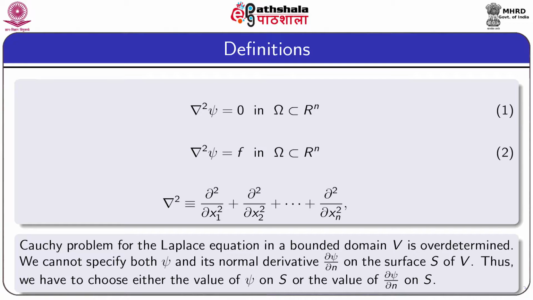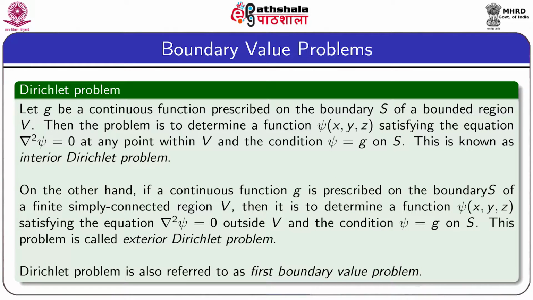We cannot specify both psi and its normal derivative del psi del n on the surface S of the bounded domain capital V. Thus, we have to choose either the value of psi on S or the value of del psi del n on S. Now, according to the boundary condition, we can divide the problems into 4 categories.